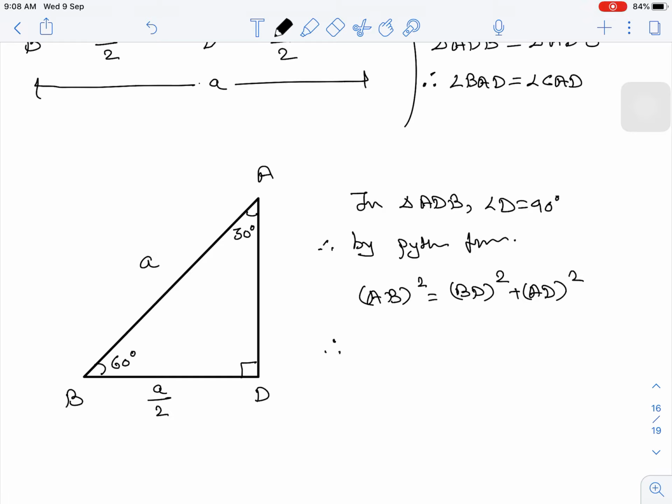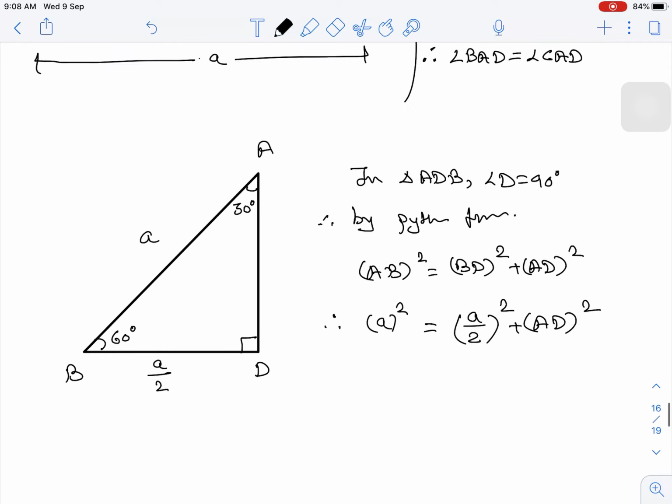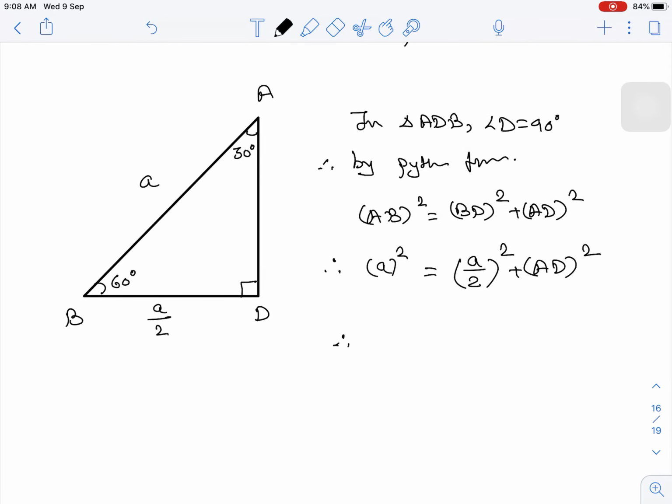The value of AB is small a, so you get a square equals a upon 2 in brackets squared, plus AD square. Therefore a square equals a square upon 4 plus AD square.